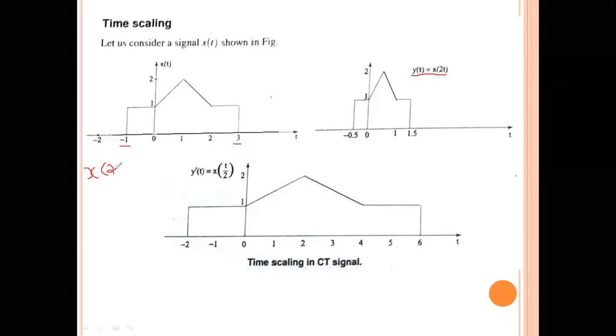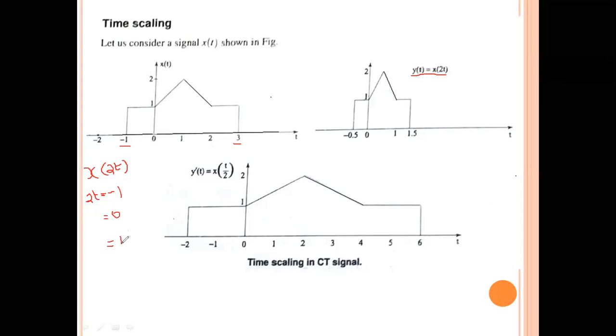Now see here, to obtain x of 2t, to have the starting point and ending point, you must equate 2t with the actual initial value and final value of x of t. What is the starting point of x of t? -1. Next is 0.